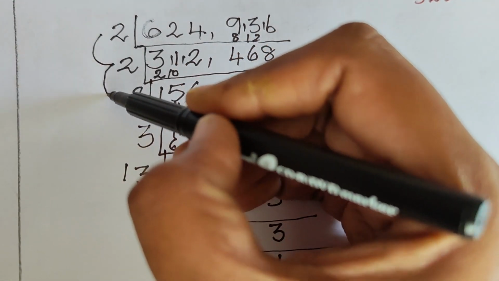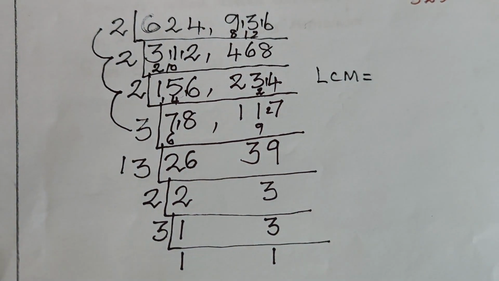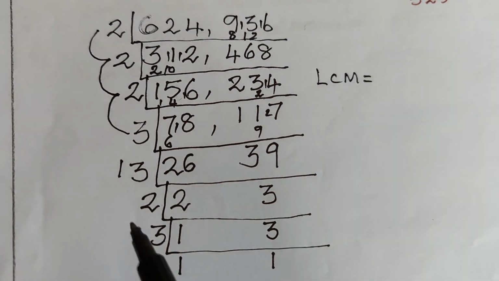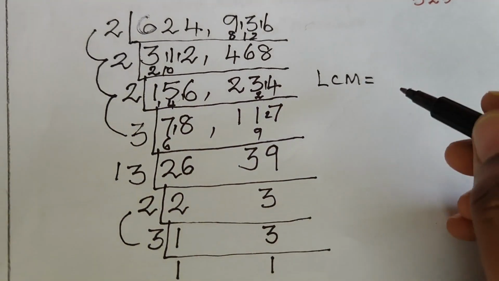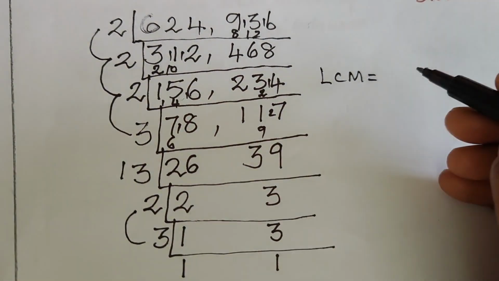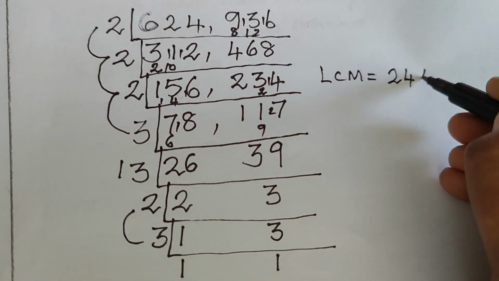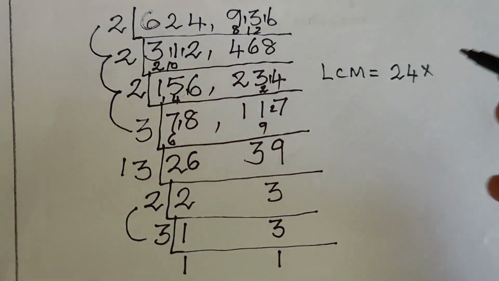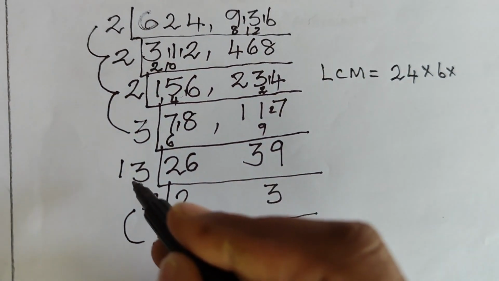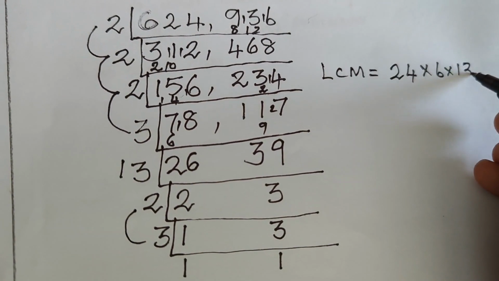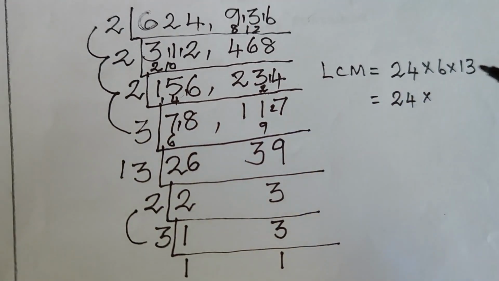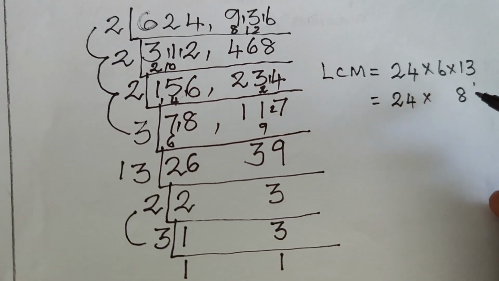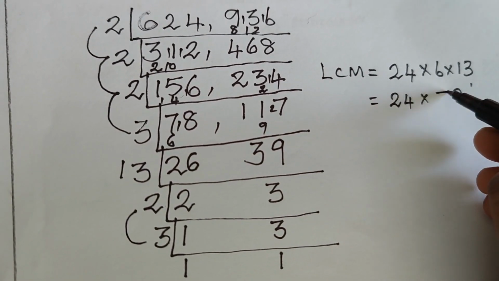2 2s are 4, 4 2s are 8, 8 3s are 24. Now here 2 3s are 6. Now we get 24 into here 6 into this 13. So 24 into 6 3s are 18, 1 balance, 1 6 is 6, 6 plus 1, 7.